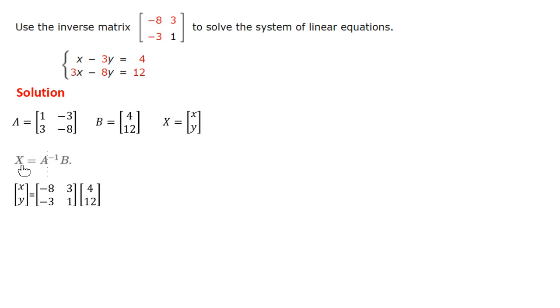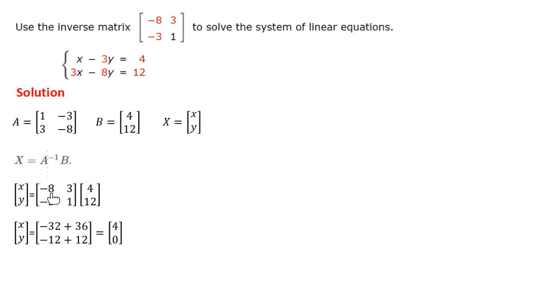So we use the formula. X is just your X and Y. The inverse, they already found it for us, which is -8, 3, -3, and 1. And then B is 4 and 12. So all we have to do is multiply these two matrices together.